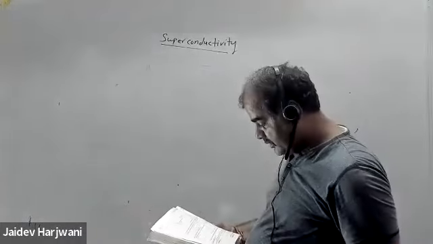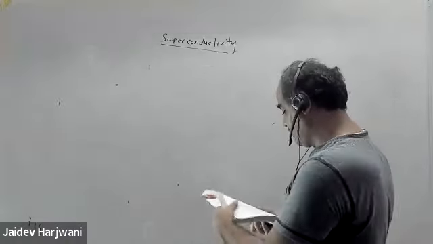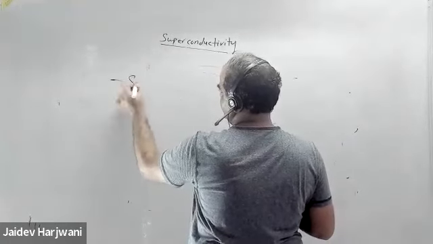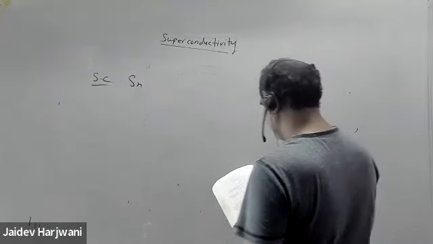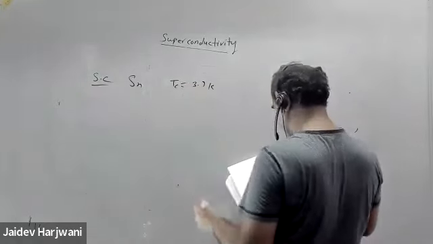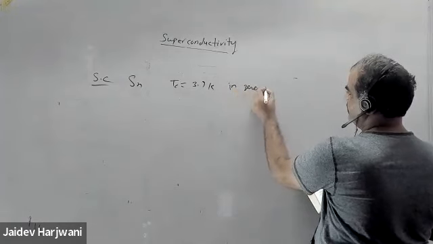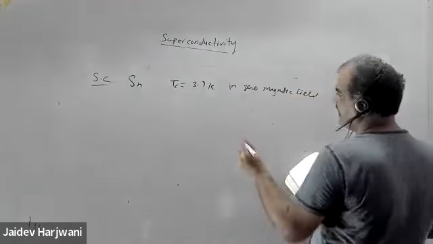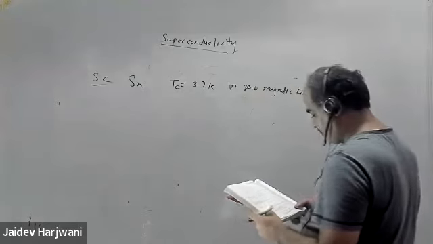Okay, so a superconducting tin has a critical temperature Tc of 3.7 Kelvin in zero magnetic field. When you don't have a magnetic field, your Tc is equal to 3.7 Kelvin.